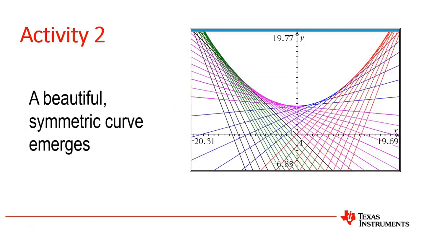When you expanded that to take a look at other values of t, the curvature was quite apparent. By the time you got to the end of that document, you could see very definitely the beautiful symmetric curve that appeared. And that was all due to the guidelines y equals x and y equals negative x.